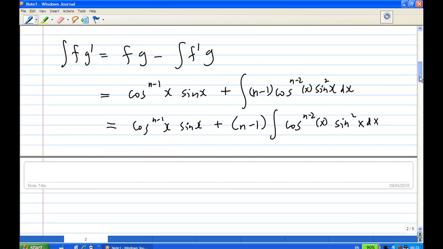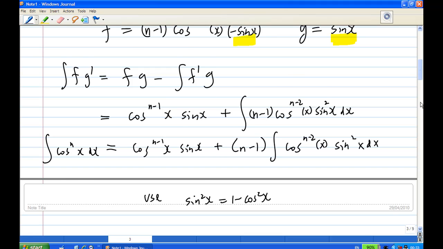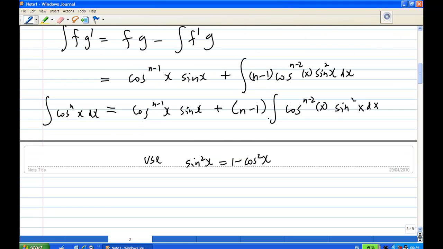Now I want to use a bit of trigonometry, because this is where we started: I start with the integral of cosine power n x dx. So I use the fact that sine square x is equal to 1 minus cosine square x, and substitute into my second integral.